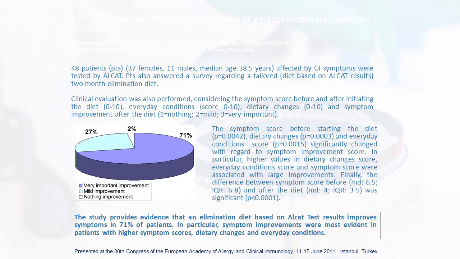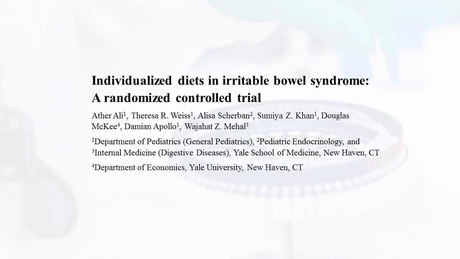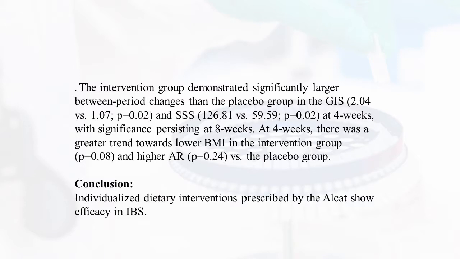and so forth. In a study in Pavia, this was the outcome looking at an elimination diet based on ALCAT. 71% had very important improvement, and only a couple of percent didn't respond. This is a report from the recent study at Yale, looking at IBS and comparing it to a control group that I described, and the changes in symptoms.